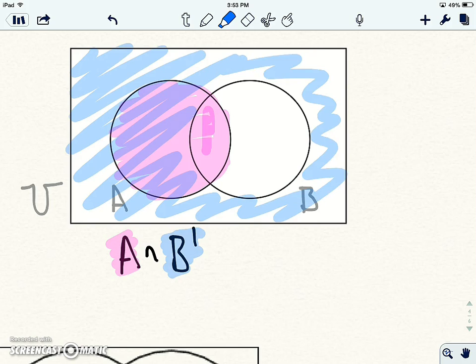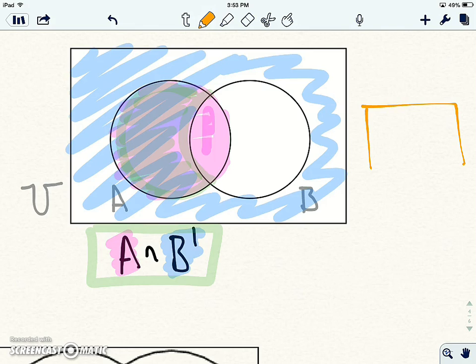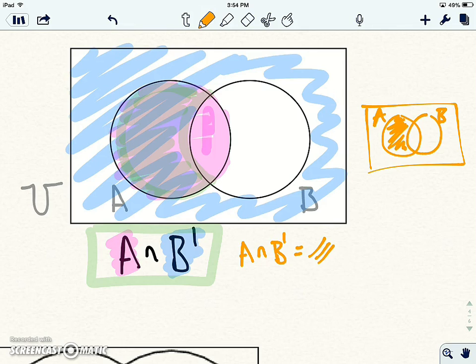So A intersect B complement would be where they overlap. It would just be this little moon shape. That is A intersect B complement. So if you were asked to draw it, you could draw it and just shade in this part. Or you could say that A intersect B complement was maybe where it overlapped. So maybe it would be just this part if you need to do both.